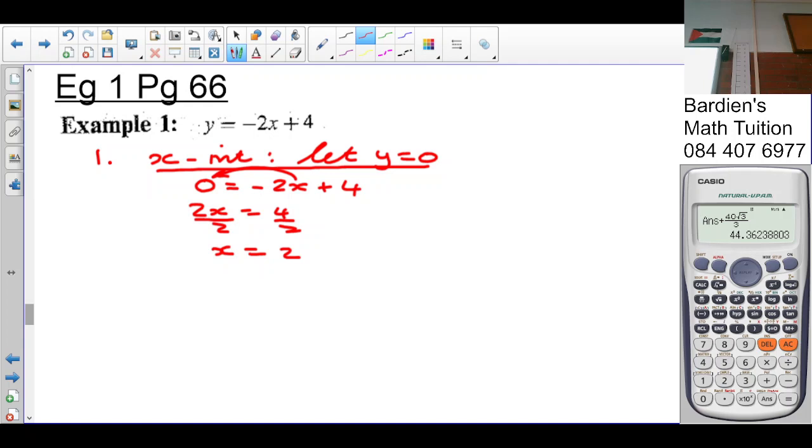So what's the next thing we need to do? Our y-intercept. What do you do for the y-intercept? Let x equal to 0. So do your thing there quickly.